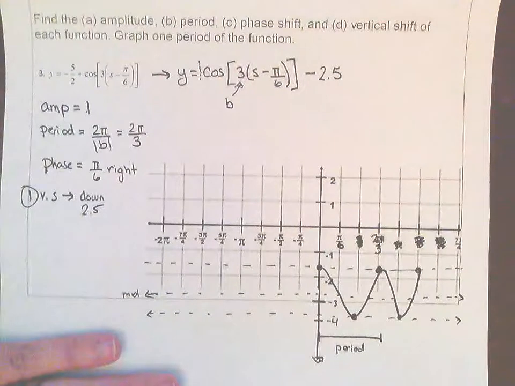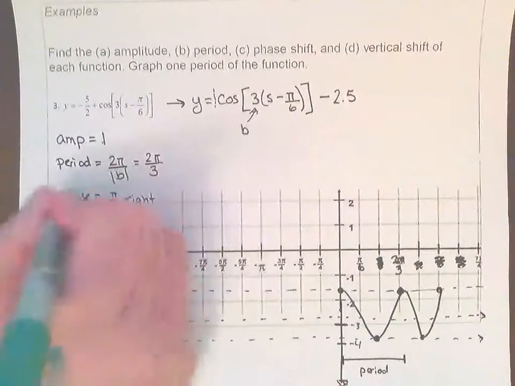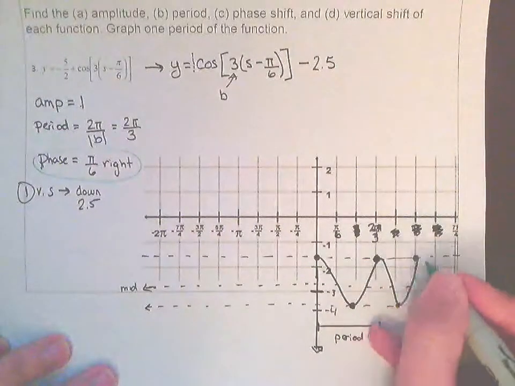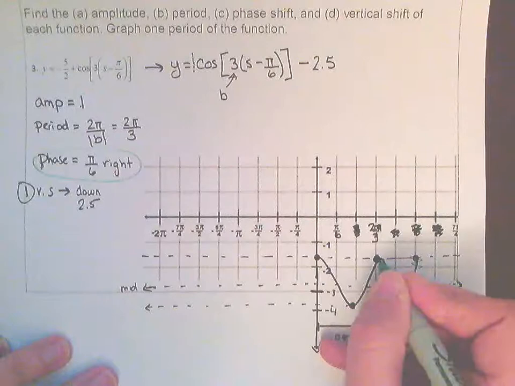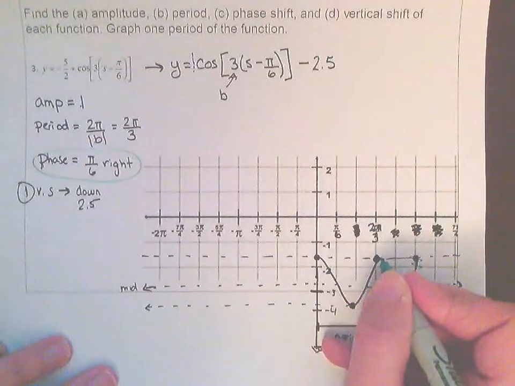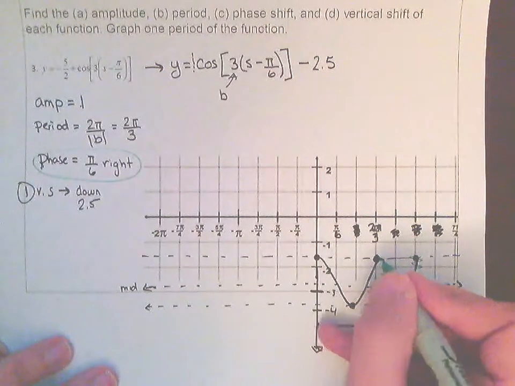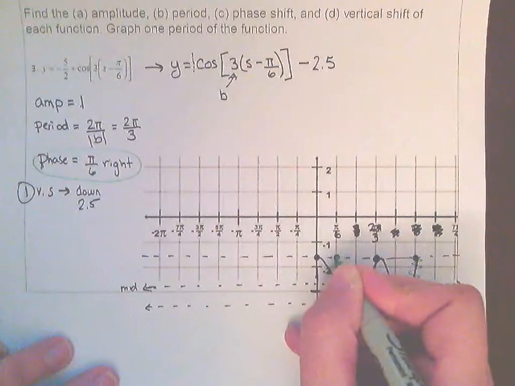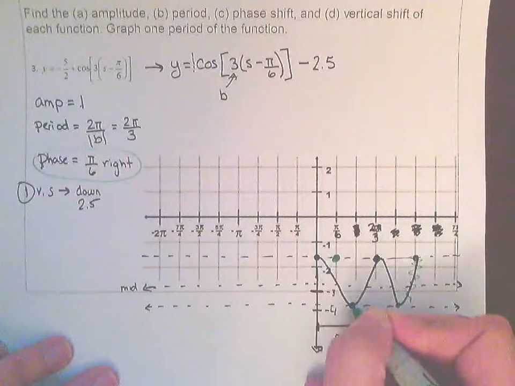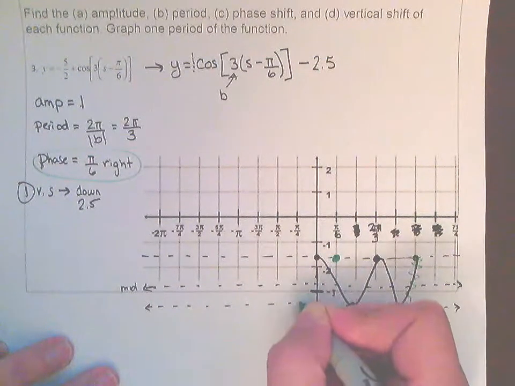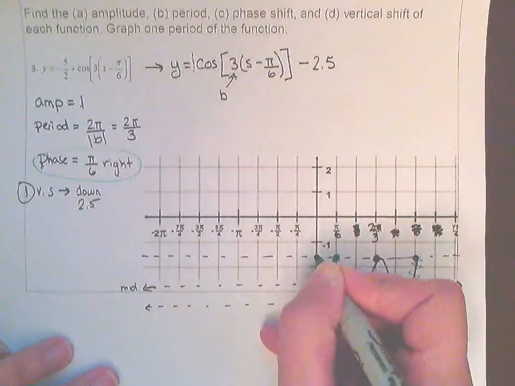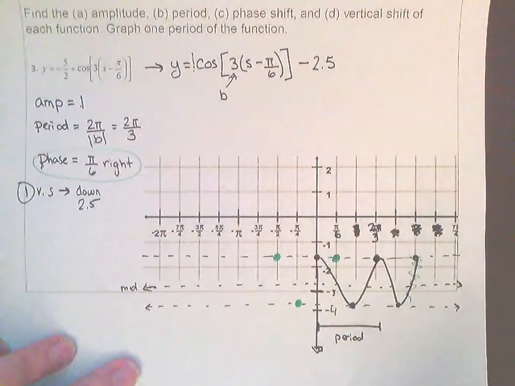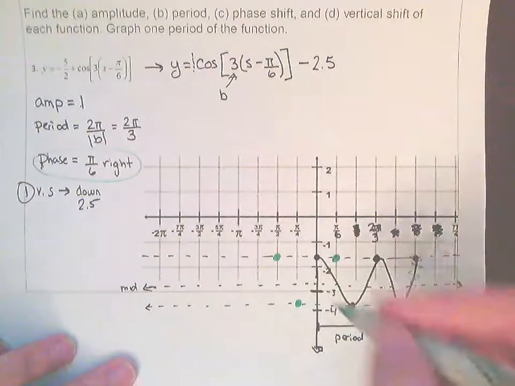Alright, but I need to remember I'm not done yet, because I do have a phase shift, and this phase shift is telling me that every single one of these points is going to be moving over a pi over 6. So that means that this point is going to move pi over 6, this point is moving pi over 6, and this point is moving pi over 6.